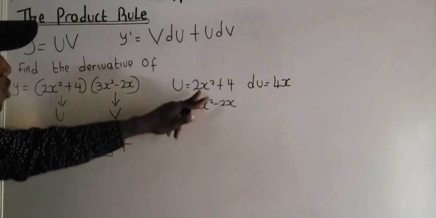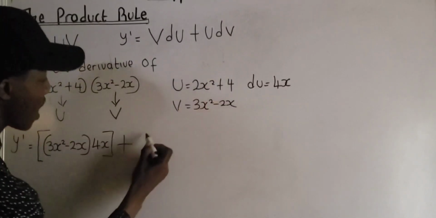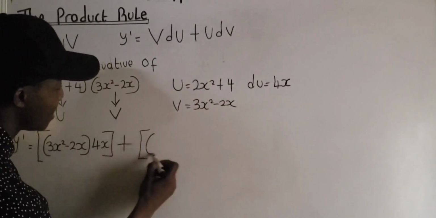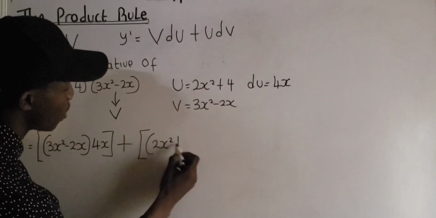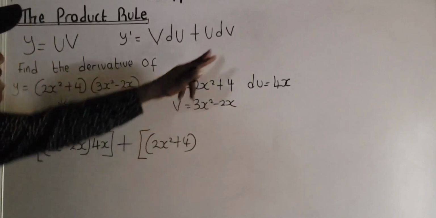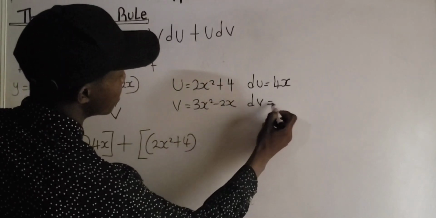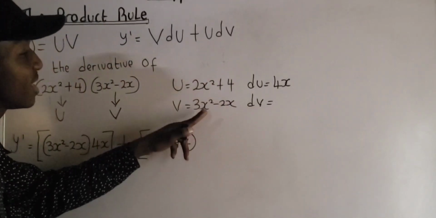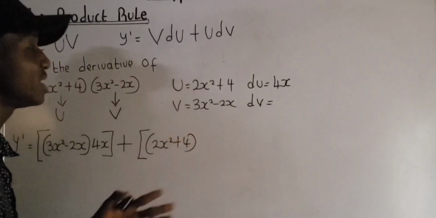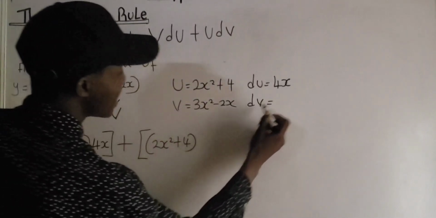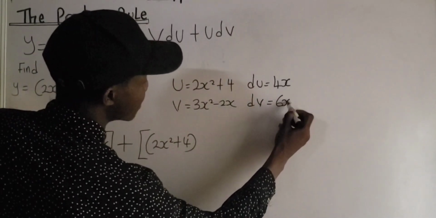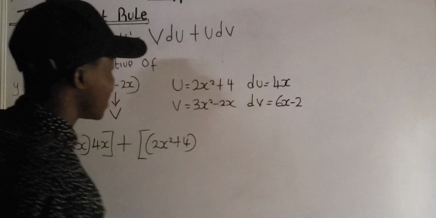U is what? U is 2x squared plus 4. So I'm going to open a big bracket. That is 2x squared plus 4 multiplied by the derivative of v. So I still need to take the derivative of v. This is equals to, if you differentiate 3x squared minus 2x using the polynomial rule, you are going to get 6x minus 2. You understand?